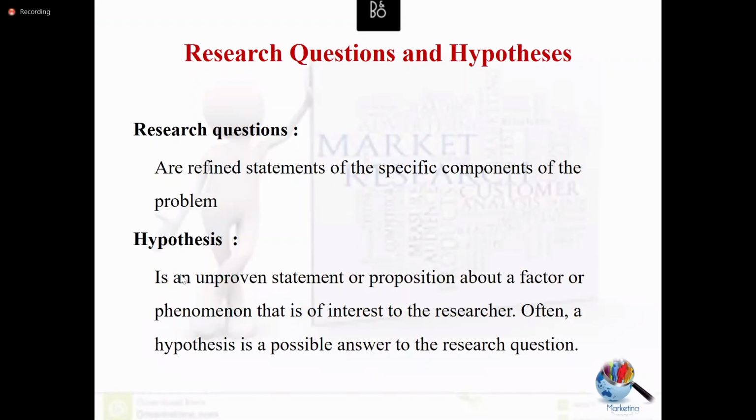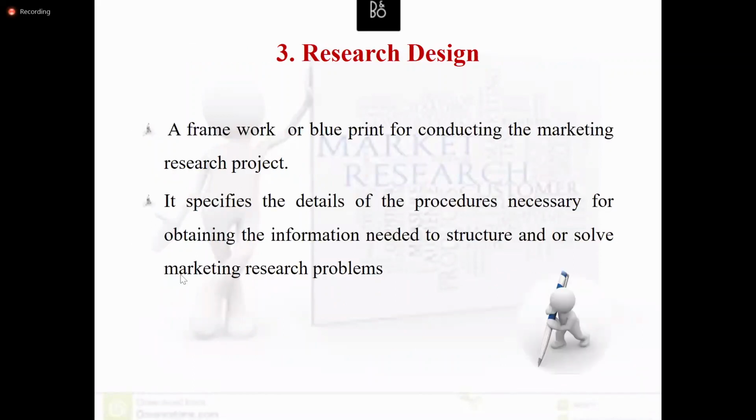And a hypothesis is called an unproven statement. What I was earlier specifying is the tentative conclusion. It is not the real conclusion, but it is a tentative conclusion, and the tentative conclusion can be checked.